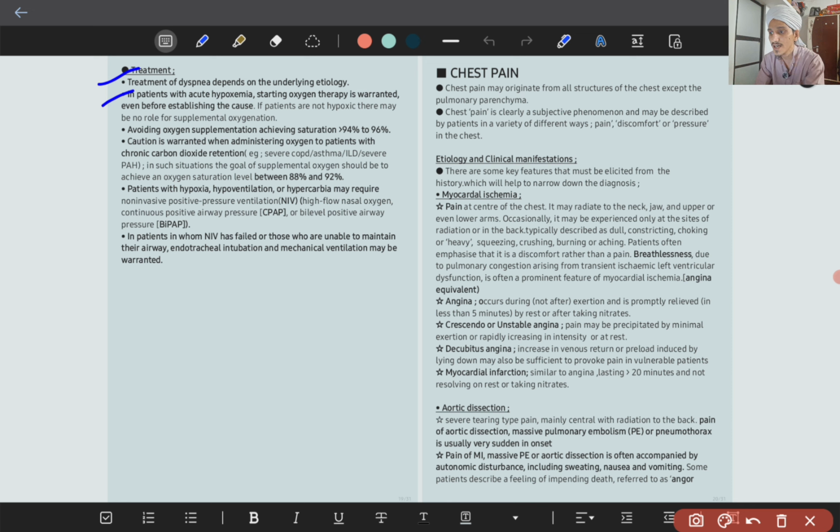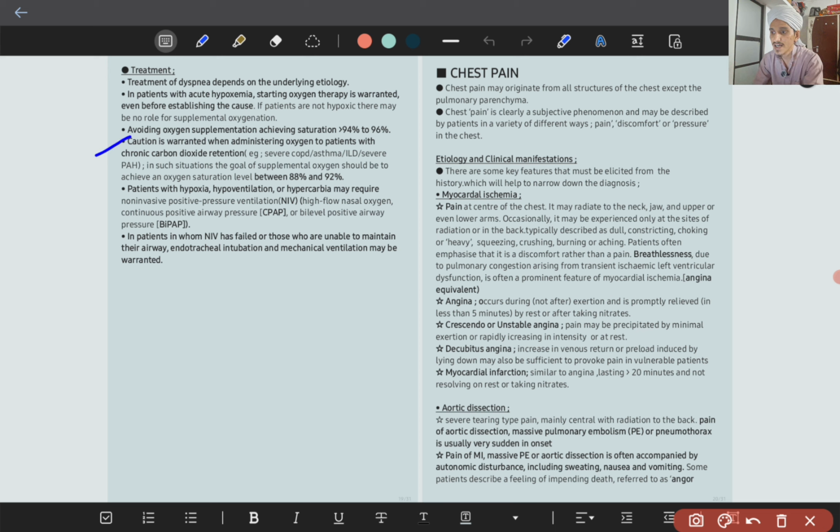If patients are not hypoxic, there may be no role for oxygen supplementation. Okay. Avoid oxygen supplementation achieving saturation of more than 94 to 96%. So you should adjust the machine so that the saturation does not go above 96 percent.